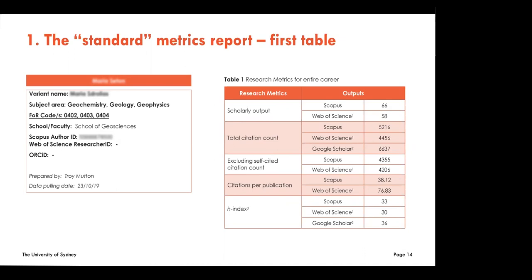Then we've got the citation per publication count. That Web of Science one looks wrong, but anyway, and then the H-index score. So again, your Google Scholar number is 6 times higher than Web of Science, and Scopus is 3 times higher than Web of Science. When I met with this person, I just told them to run with the Scopus numbers.